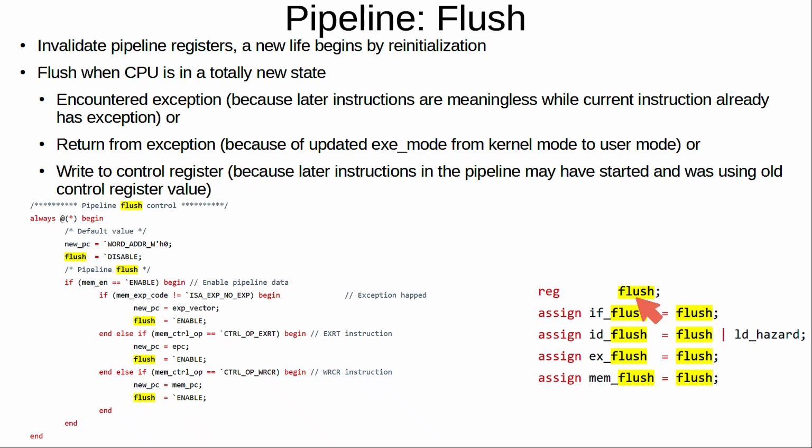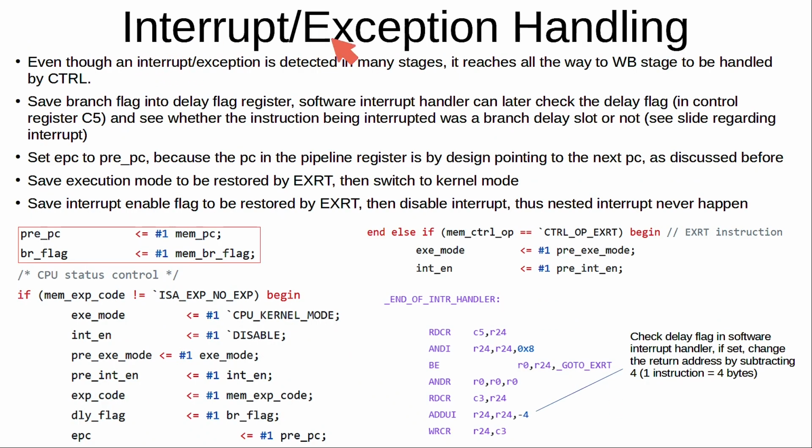This flush signal will affect all of the pipeline registers. When there is interrupt or exception, the hardware automatically sets the program counter and also the branching flag, so that later on the software interrupt handler can check the delay flag in control register C5 to see whether the instruction being interrupted was a branch delay slot or not.